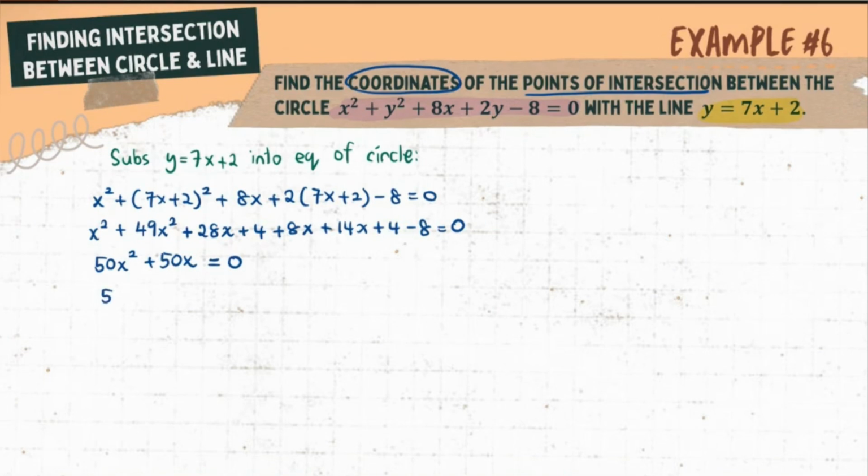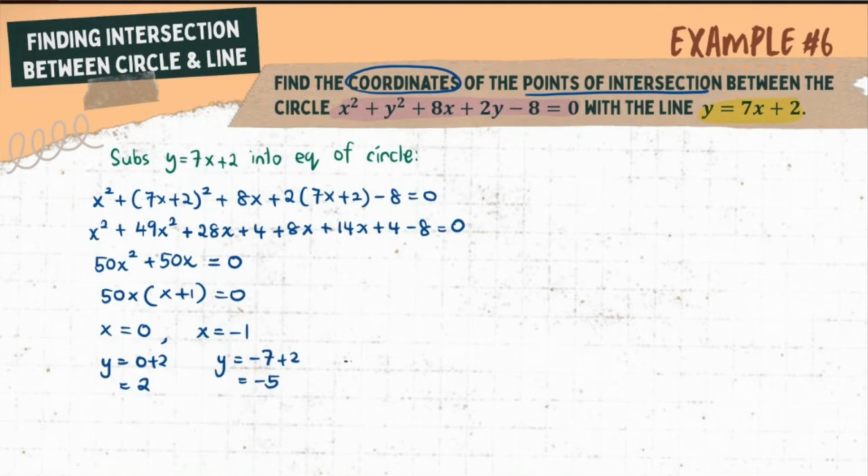So I factorize 50x straight away. So here we have x plus 1 equals 0. So therefore x equals 0 and also x equals negative 1. And now that we have the values of x, we can directly substitute them into y. So y equals 0 plus 2, which gives 2. Or y equals negative 7 plus 2, so we get negative 5.